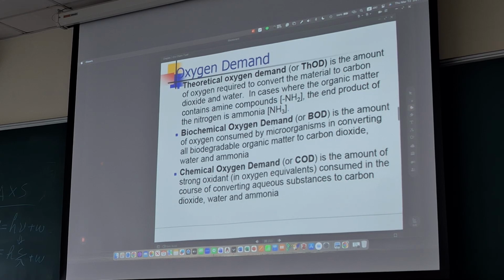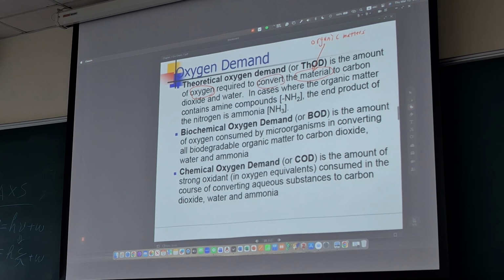Okay, the THOD is the amount of oxygen required to completely oxidize organic matters, normally organic materials.